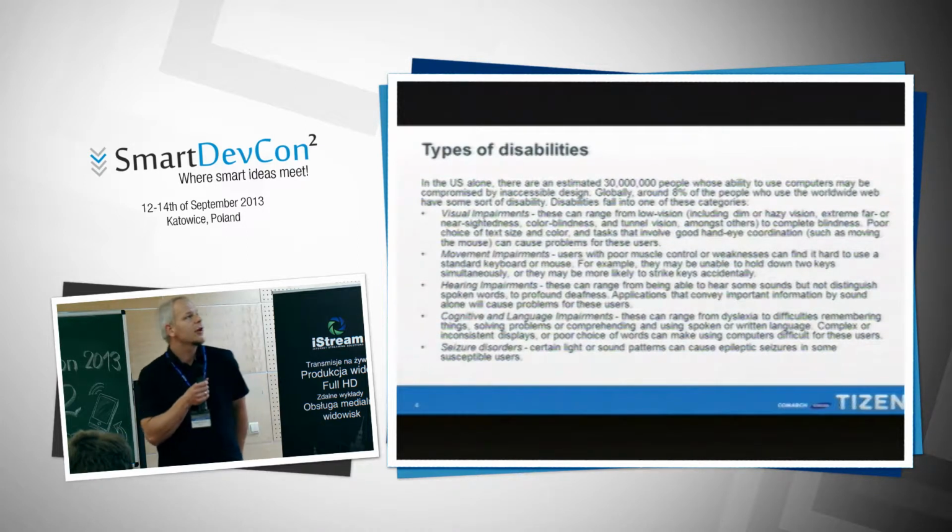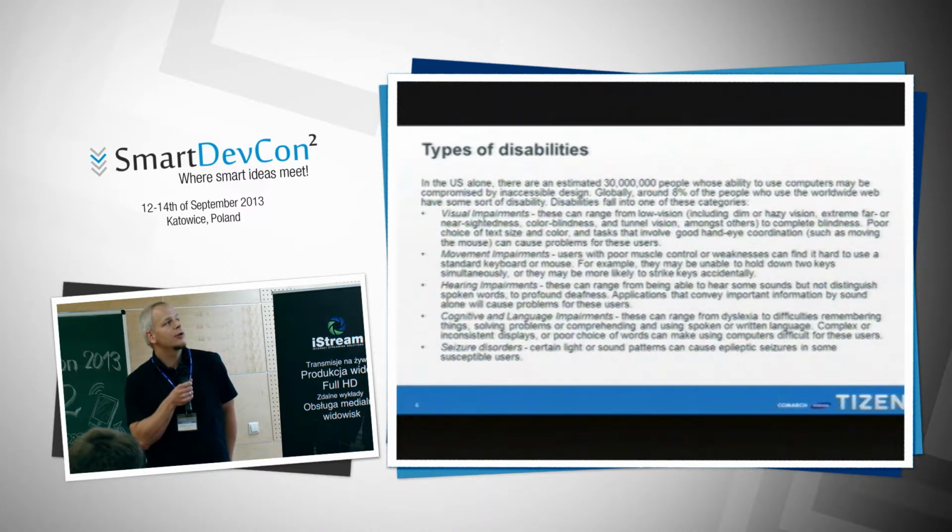Here we have some statistics that all over the world there are around 8% of people that suffer from some kind of disability which can block them from using software. So that's really a huge number of people that possibly cannot use the software if it's not properly accessible.